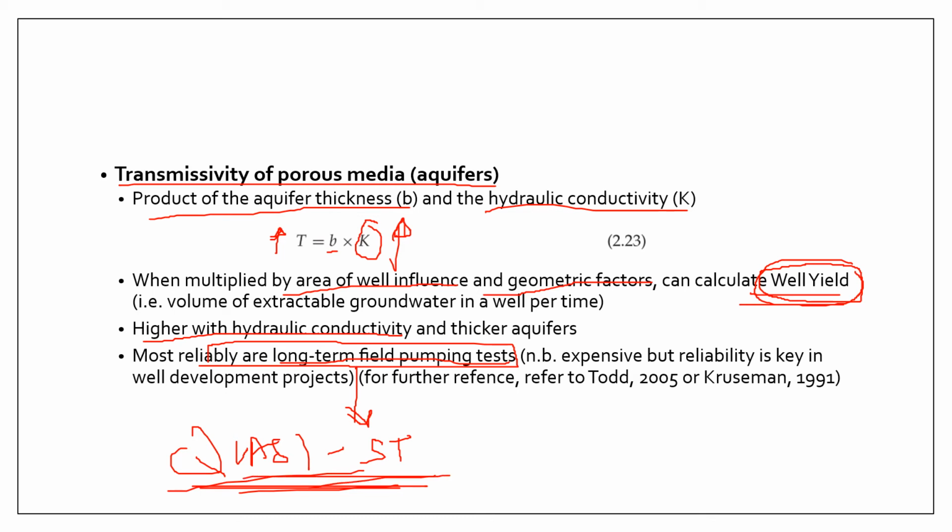The longer your pumping test is, the more reliable your data is, although this can be very expensive to do. Although note that in well development projects, water wells are long lifespan projects. They can go from 20 to 50 years to 100 years. So as much as possible, you want to have a very reliable number because it's a long-term project.